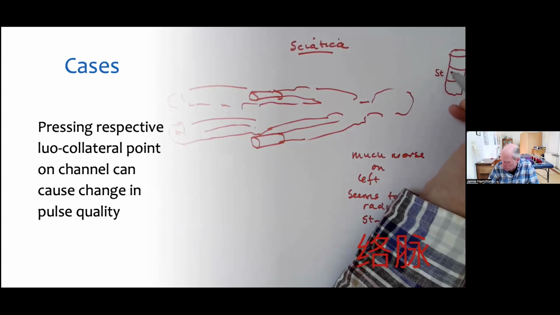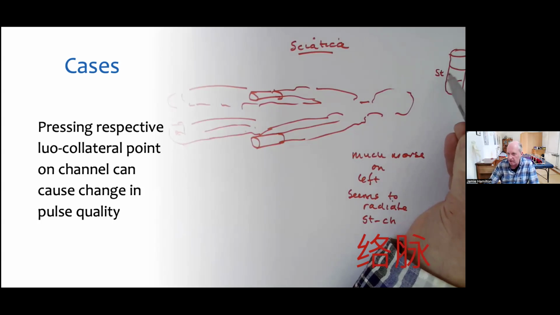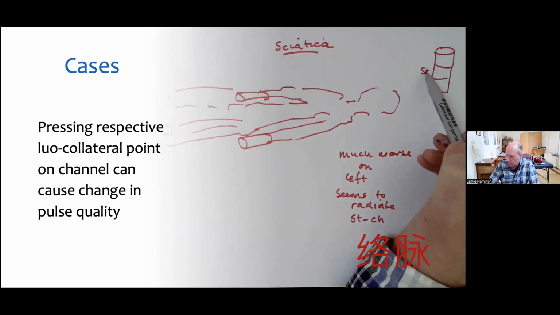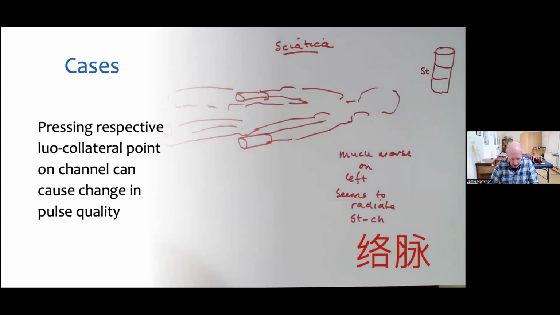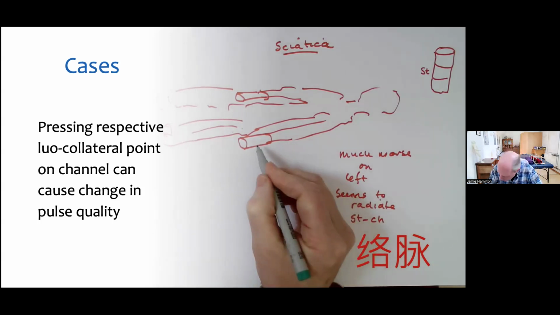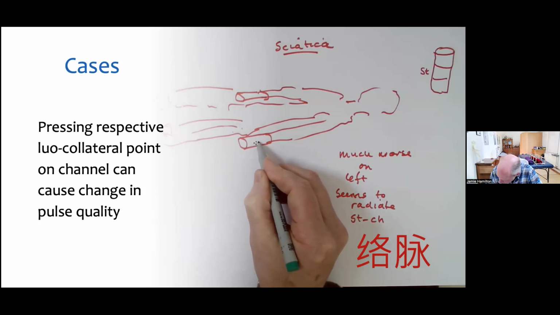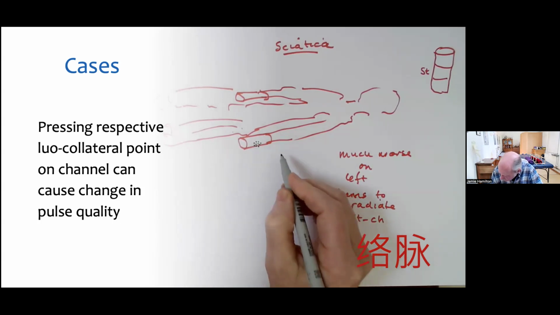I'll draw it facing up to begin with to show you the sections. The stomach channel is here. We might be interested in the stomach manifestation of this section, so that would be this part of the artery here. The outer middle section is for stomach.